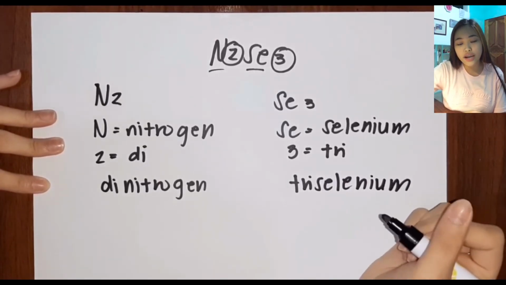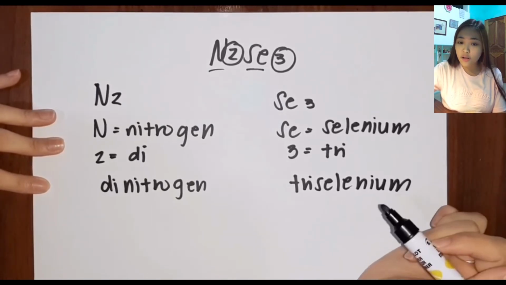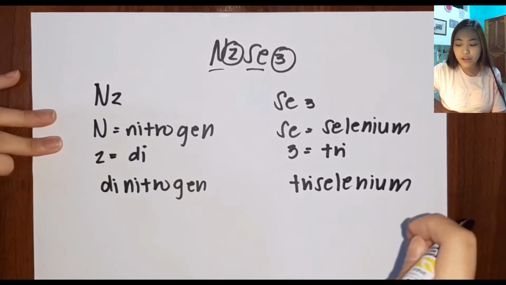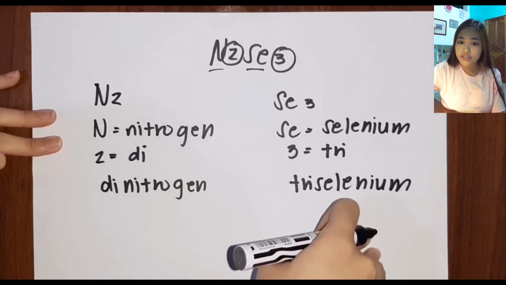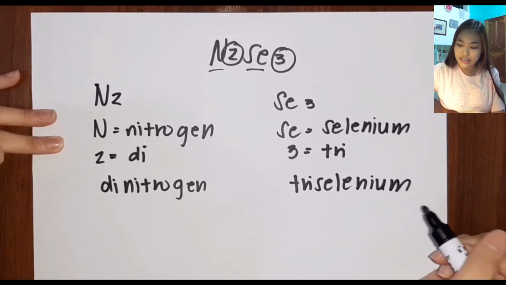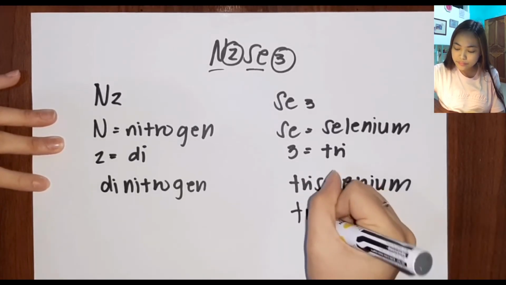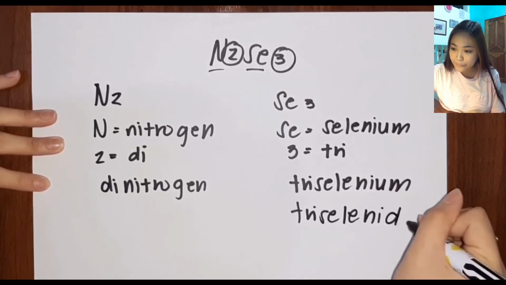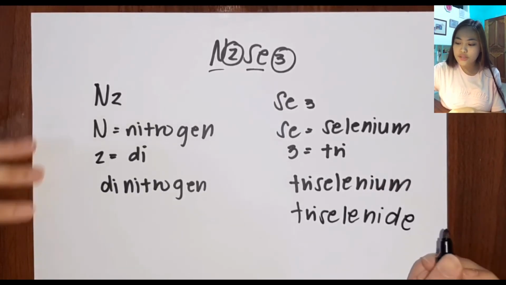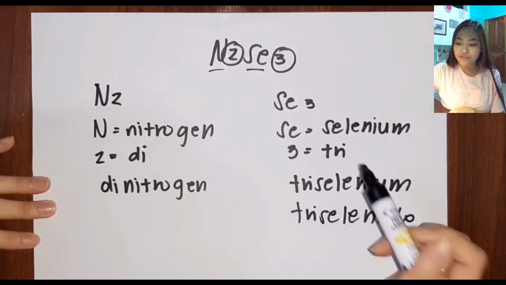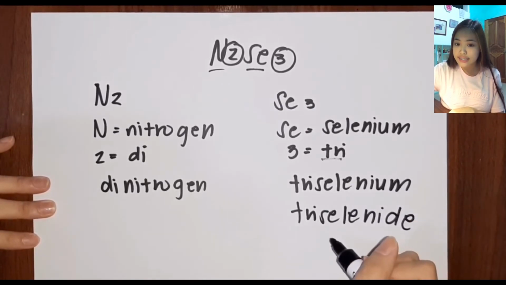But, on the other hand, it should be called triselenide because this belongs to the binary compounds. That is why we need to replace the IUM with IDE. So, selen plus IDE is selenide, and then adding the prefix tri, we will have triselenide.